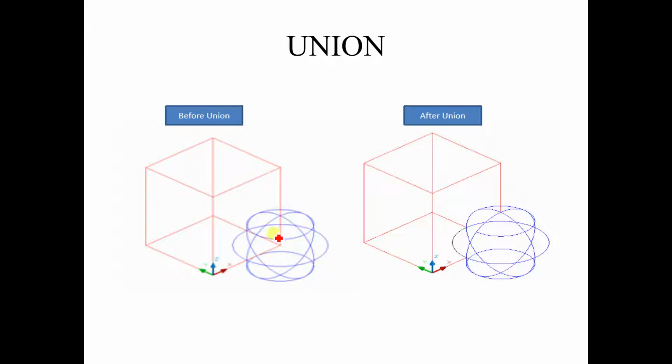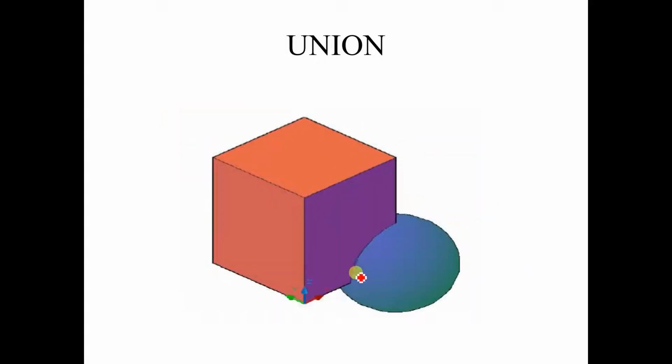Before union they are two different objects; after union they merge and join together. With the union command these two become a single object. In the conceptual view, the result will look like this.